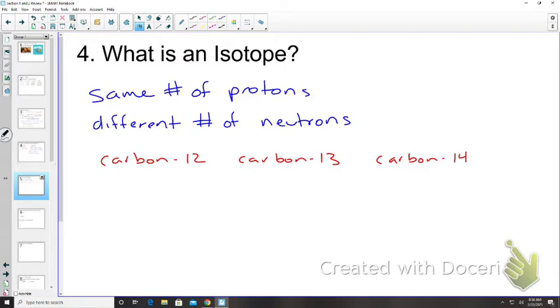Carbon always has 6 protons. So 6 protons, 6 protons, 6 protons. And then here's our mass number, right? So if we just do our mass number minus atomic number, that tells us the amount of neutrons. So in this case, 12 minus 6, we have 6 neutrons. 13 minus 6 is 7 neutrons. And 14 minus 6 is 8 neutrons.